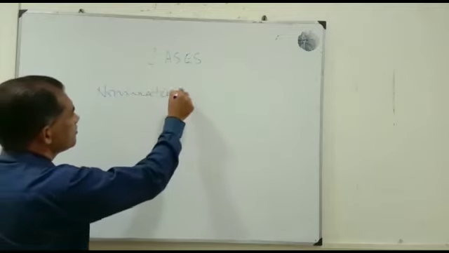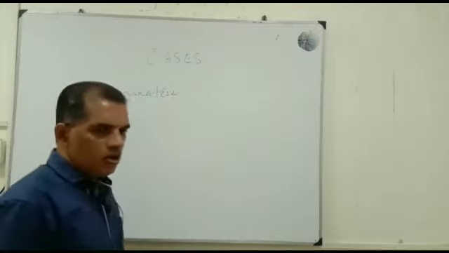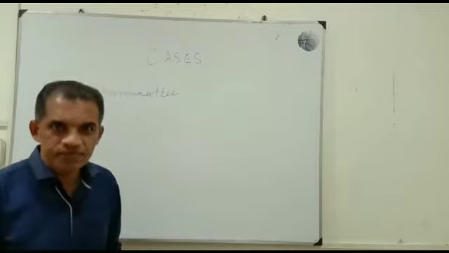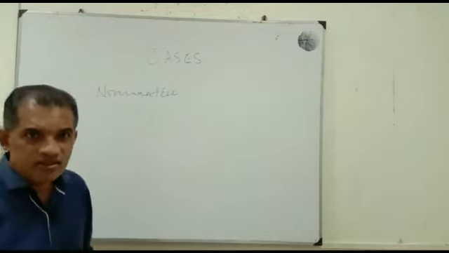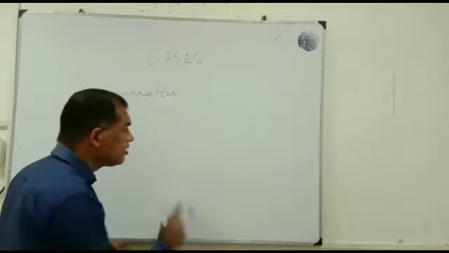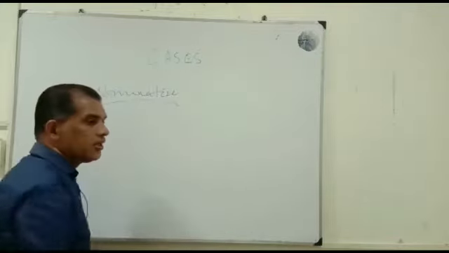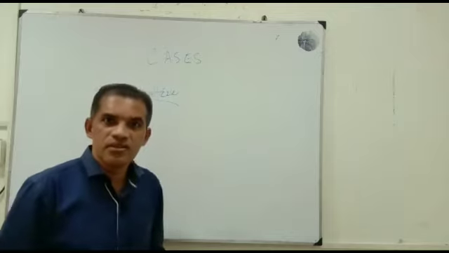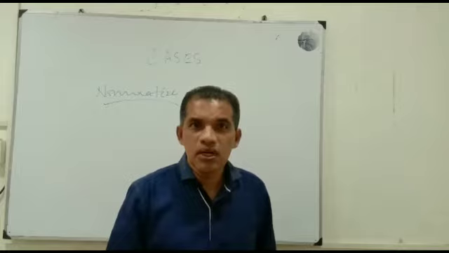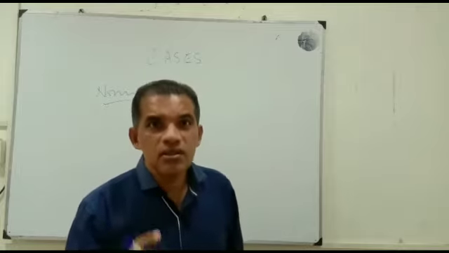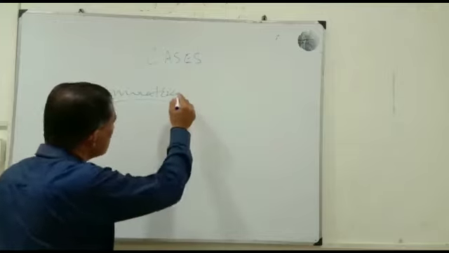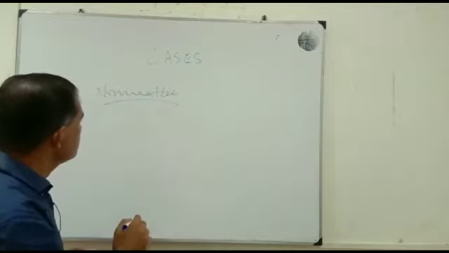Nominative case. When the noun in a sentence is used as the subject of a sentence, that noun is said to be in nominative case, because the case of a noun tells us about the noun when it is used in different cases.